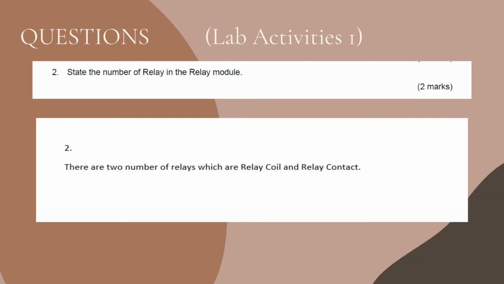There are 4 types of relay. First one is SPST, single pole single throw, SPDT, single pole double throw, DPST, double pole single throw, and DPDT, double pole double throw. Okay, for question number 2, state the number of relay in the relay module. So there are 2 relays, which are relay coil and relay contact.